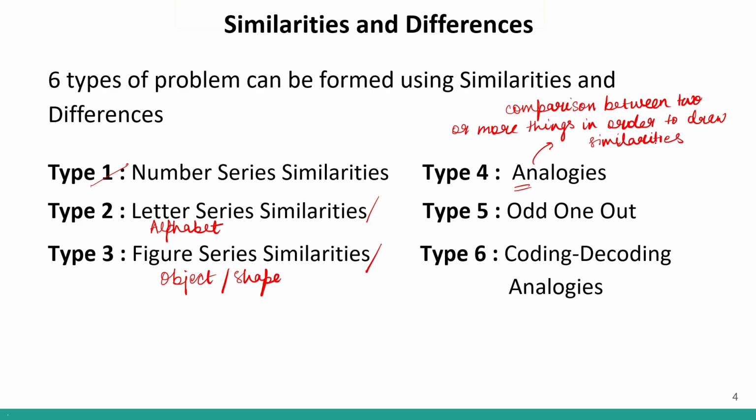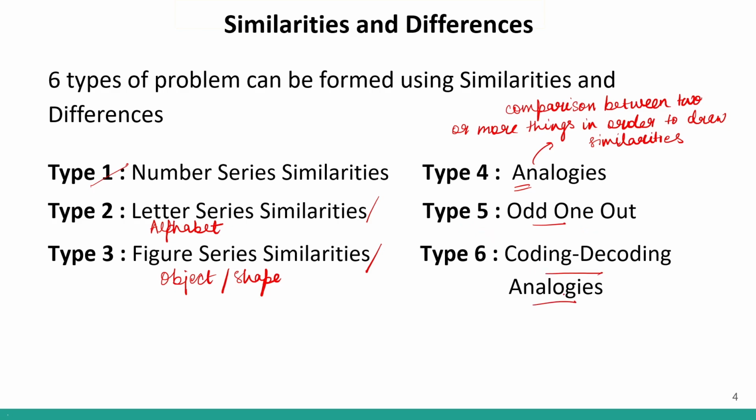So this is the meaning of analogies. So we can get analogy types of questions as well. Then we have odd one out. In odd one out, we are given 5 options, 4 options, and out of those, one option is something that is not following the same logic or the same pattern, and we have to identify that. So this is also a type of question that can come into similarities and differences.